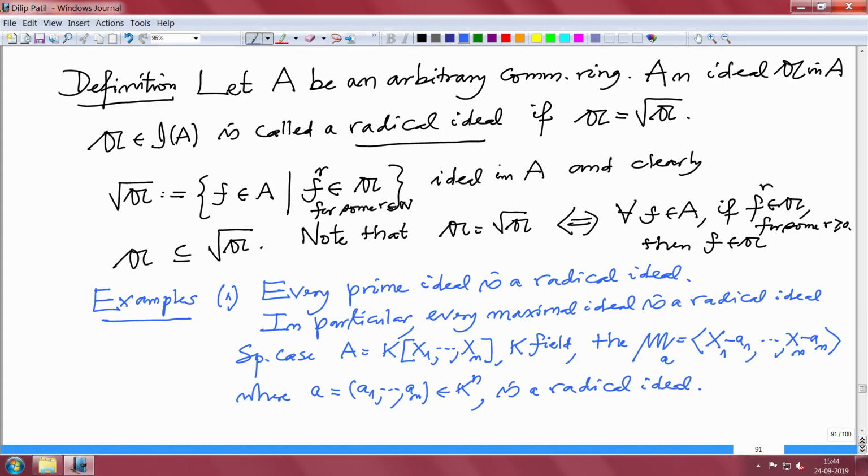All right. Now, at least one example of a non-radical. So, some more examples. From these examples we construct more examples. That is, the intersection of radical ideals is always a radical ideal.